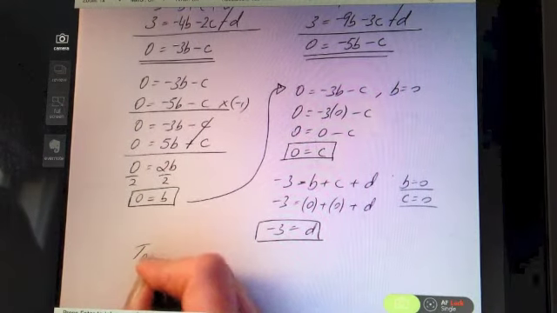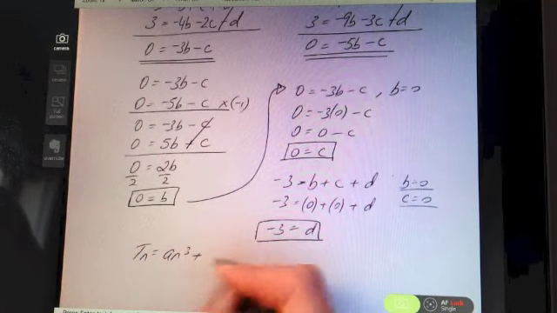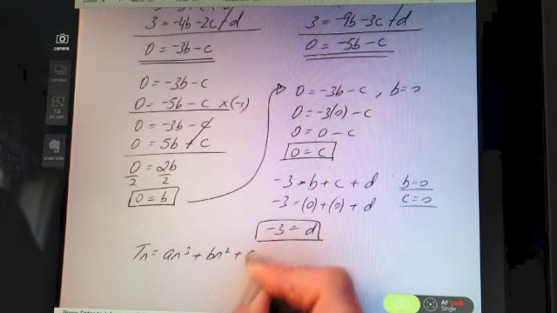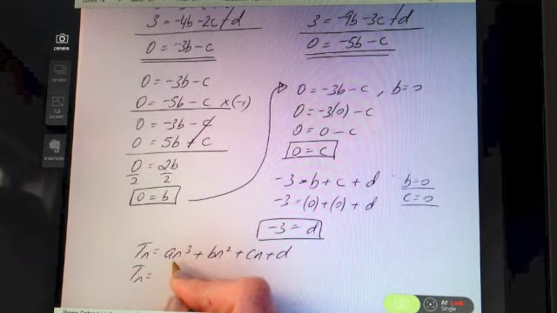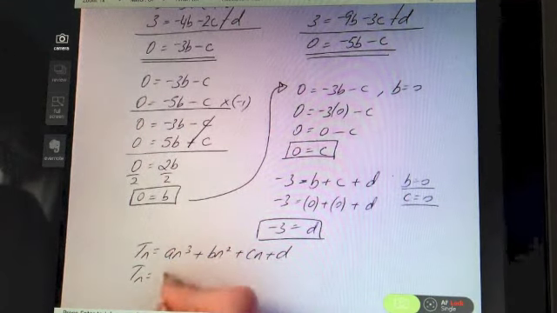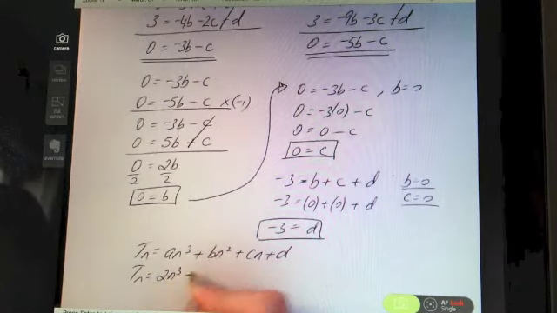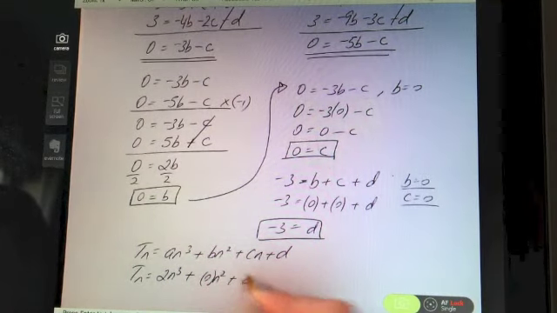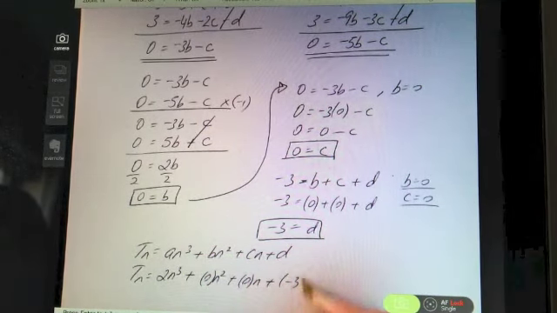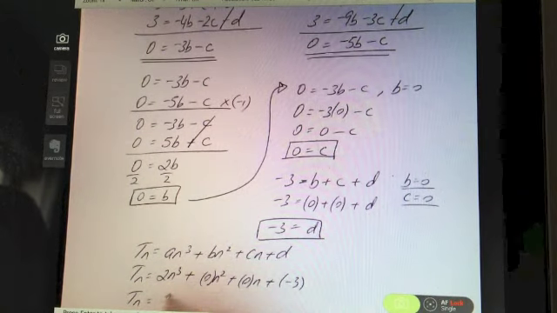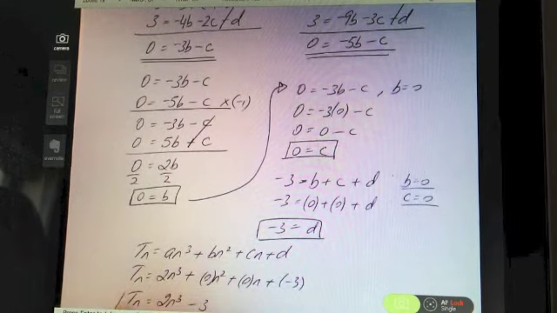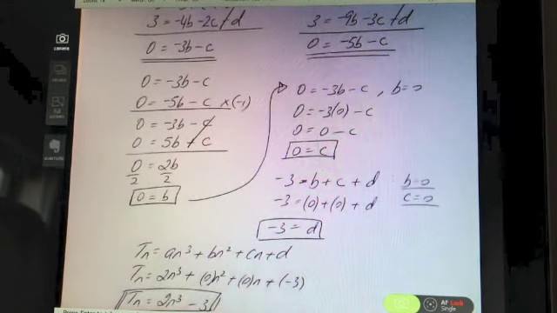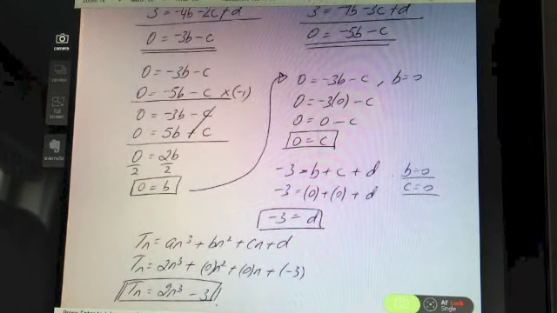So now going back to our cubic form, and recapping, A we got, of course, was 2, B is 0, C is 0, and D is minus 3. So that gives me 2n cubed, that's nothing, and minus 3. And that is the nth term of that cubic sequence.